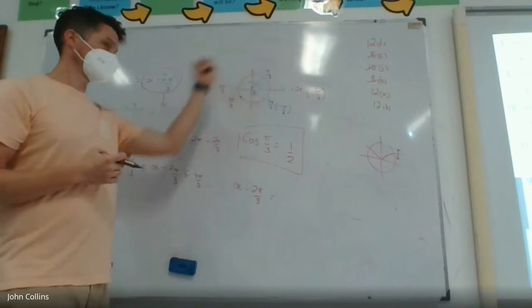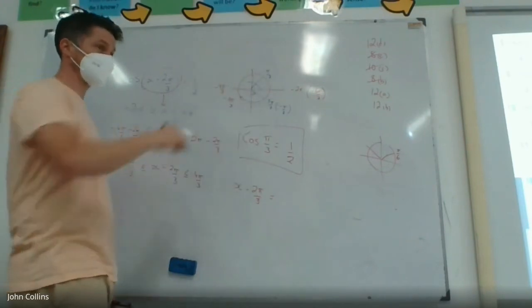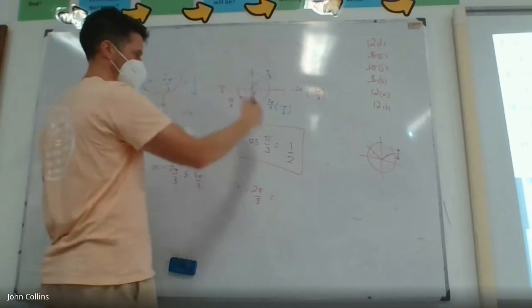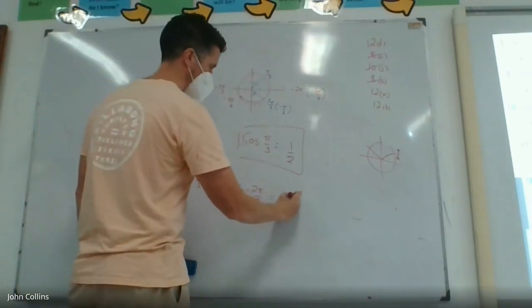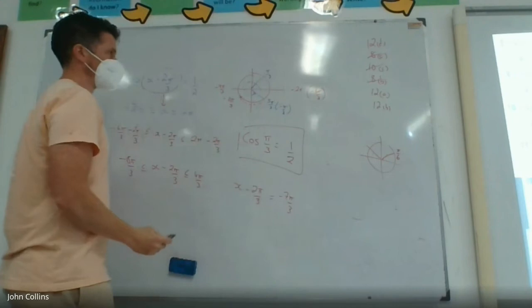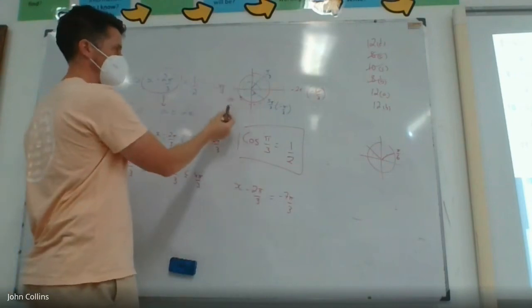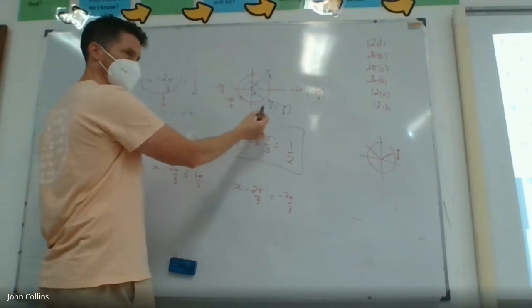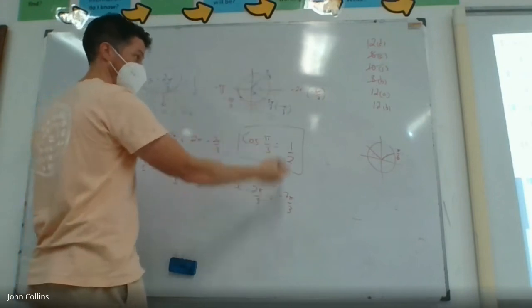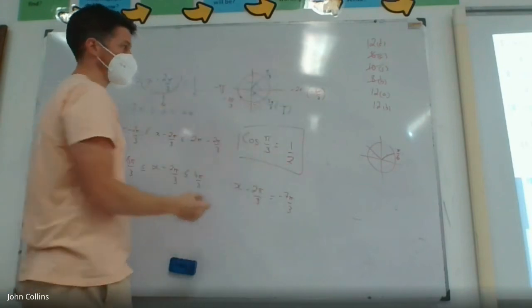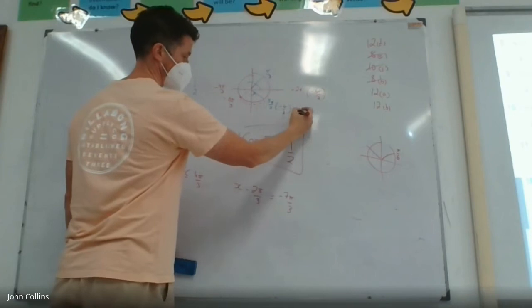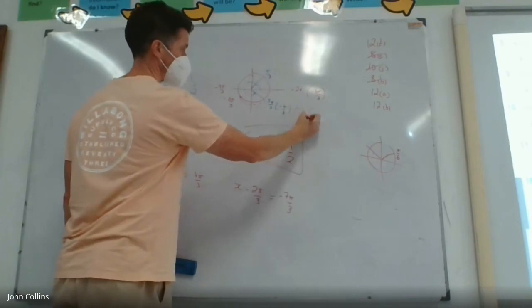It will be the next time around, but I think it's negative 7 pi over 3. We've gone twice around now, backwards. It's negative 7 pi over 3. Remember, we started off at negative 8 pi over 3, so we've just gone one back. We'll hit it again in a second, and it will be this. Because it's going to be this, it's also negative 7 pi over 3 on a different rotation.